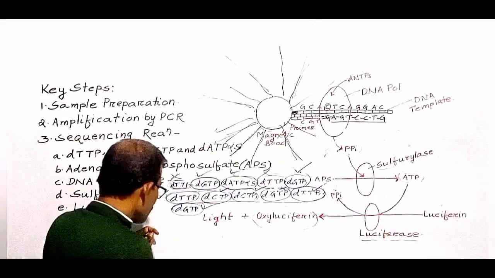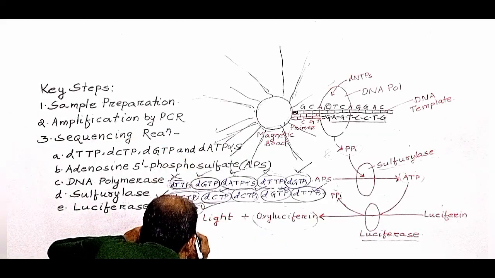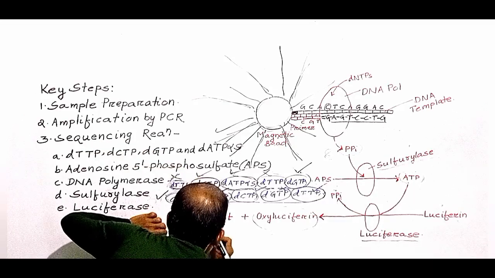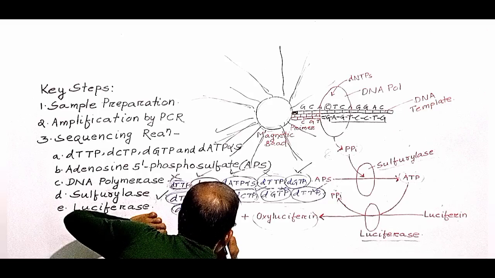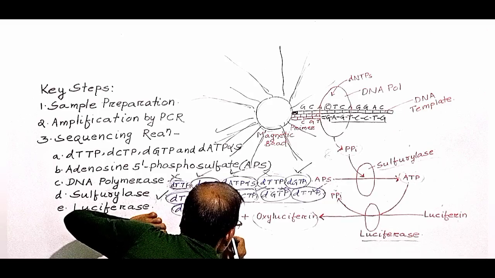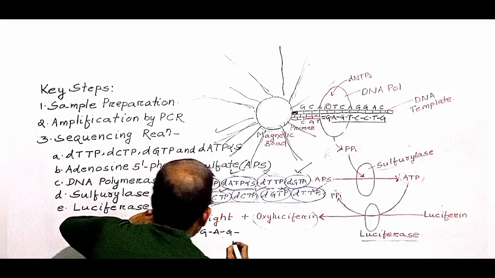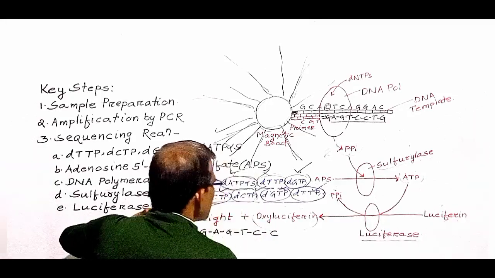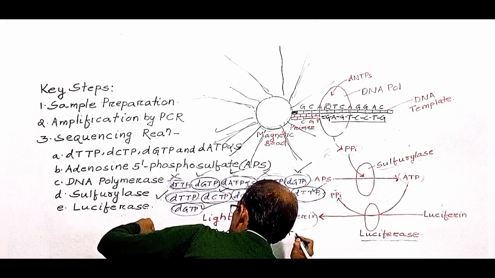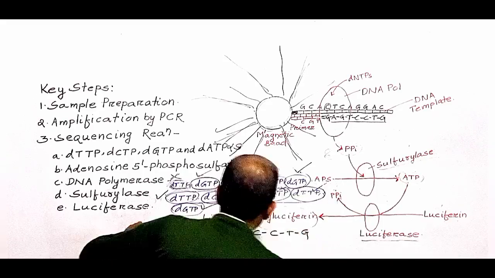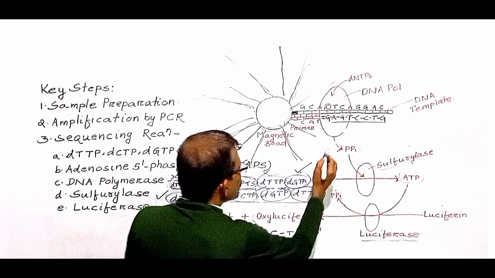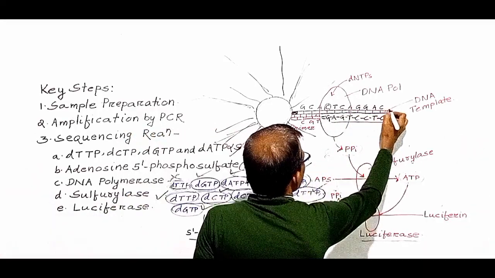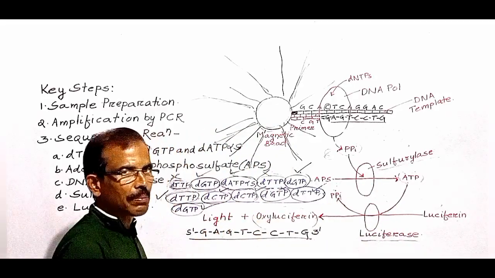So the sequence of the newly synthesized DNA strand will be 5' end, then G, after that A, then again G, followed by T, followed by C, then again C, then T, and then G. So this is the sequence of the newly synthesized DNA strand from which the sequence of the template strand can be easily determined.